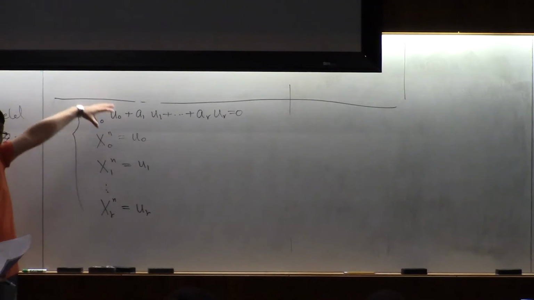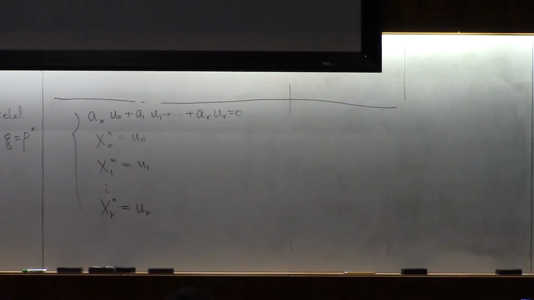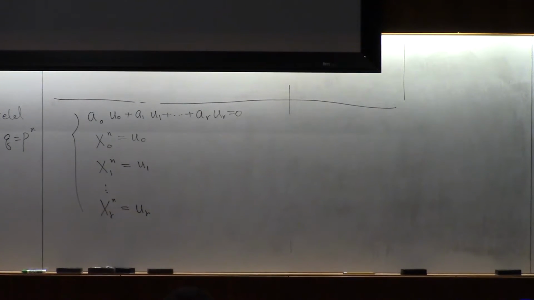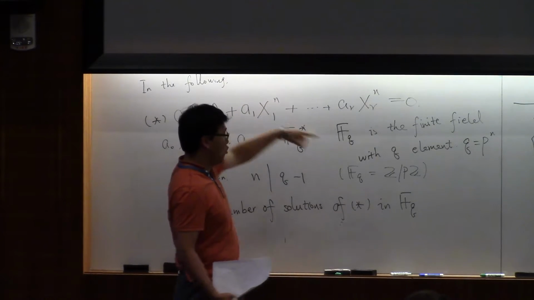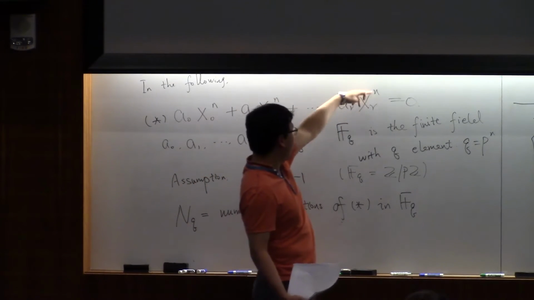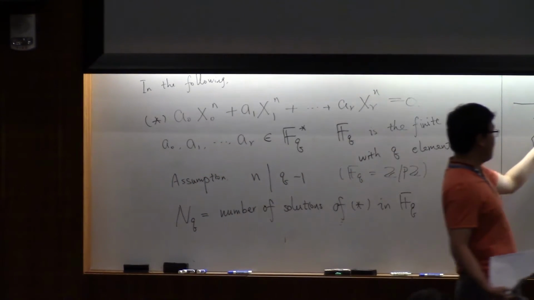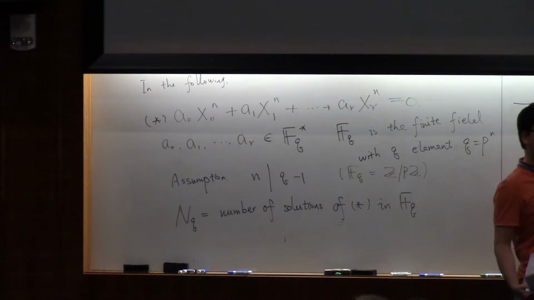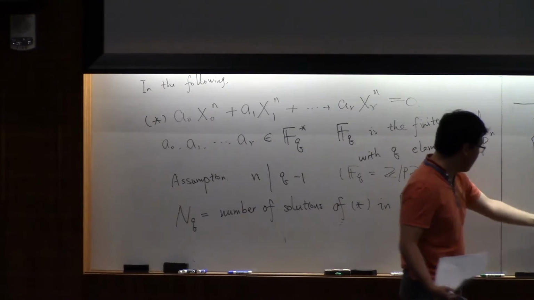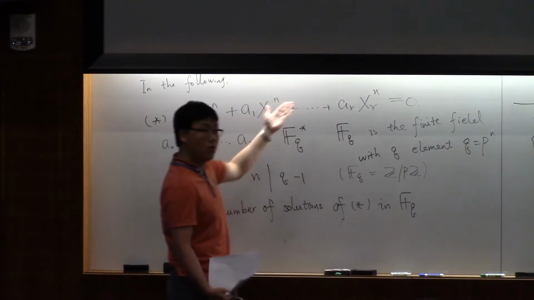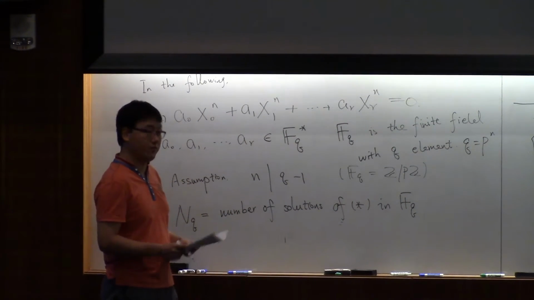If you try to solve this system, it is equivalent to solving this homogeneous equation, because you can just take x0 to the n to be u0, take x1 to the n to be u1, and take xr to the n to be ur. And if u0, u1, ur satisfy this linear equation, this x0, x1, xr will give you a solution to this homogeneous equation.